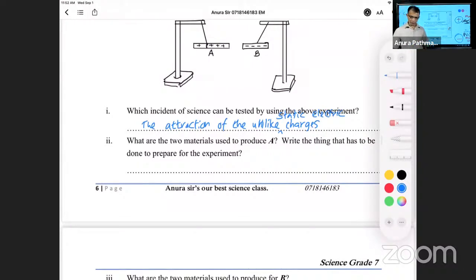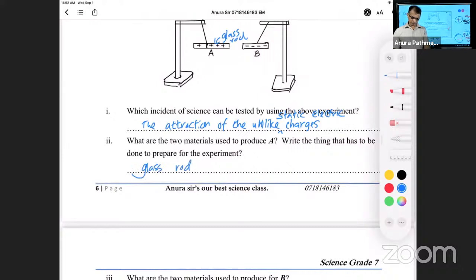What are the two materials used to produce A? Write the thing that has to be done to prepare. Glass rod. Polythene. Yes, glass rod and silk cloth.